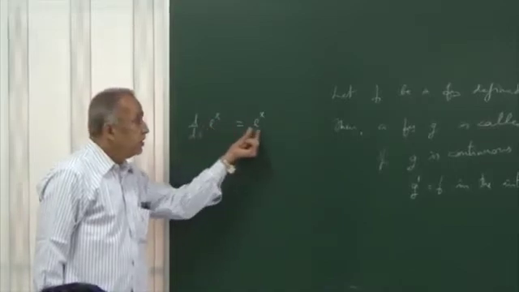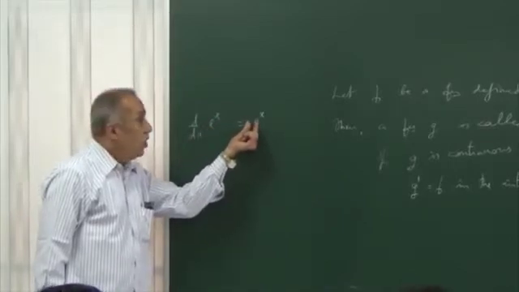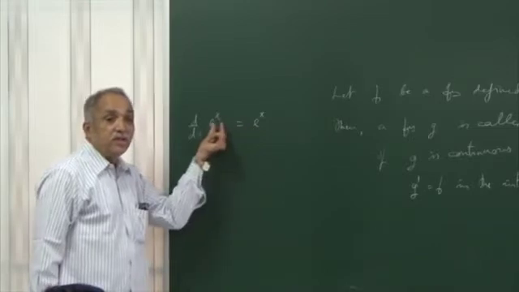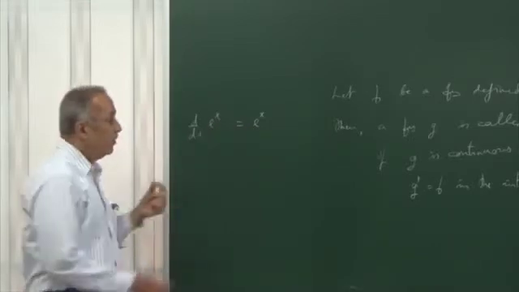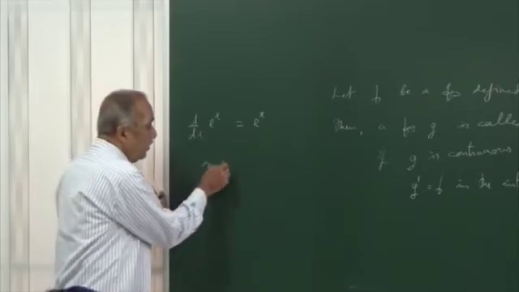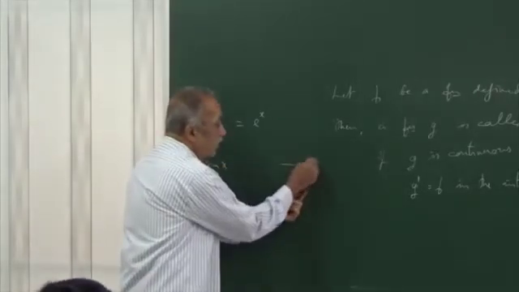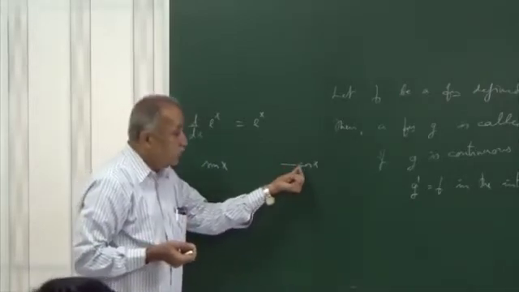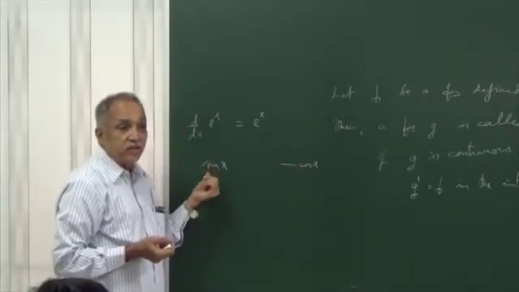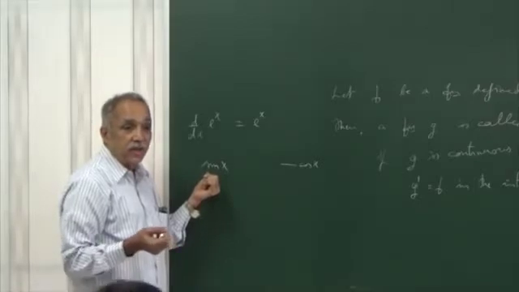So, for this function, this is the derivative. For this function, this is an antiderivative. It is an antiderivative because when I differentiate this, I get this. Agree?